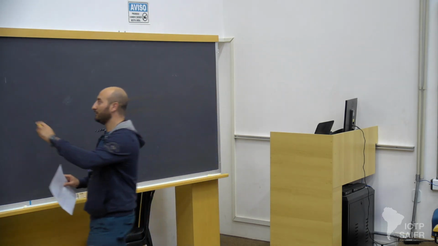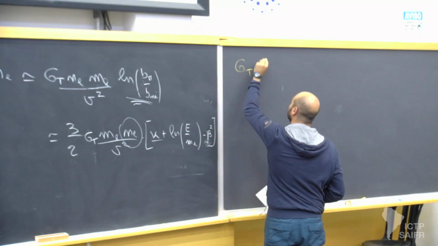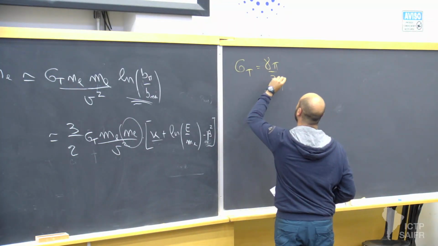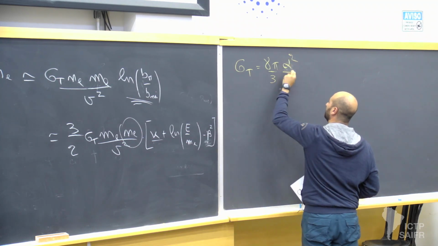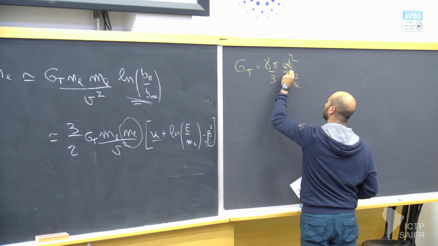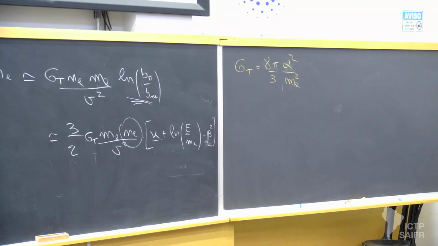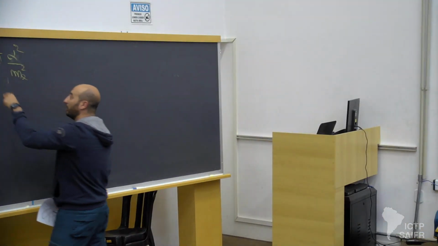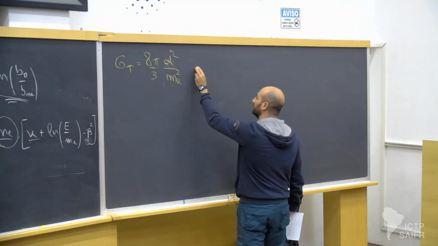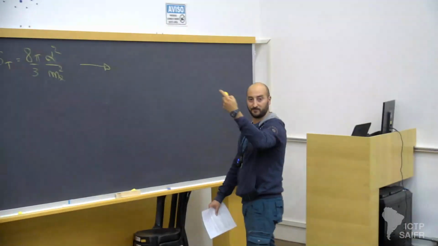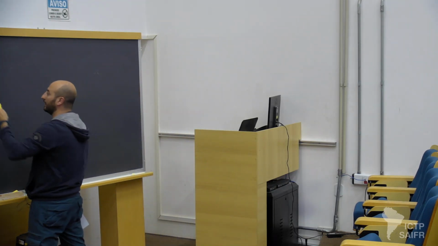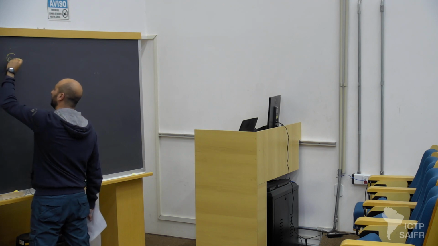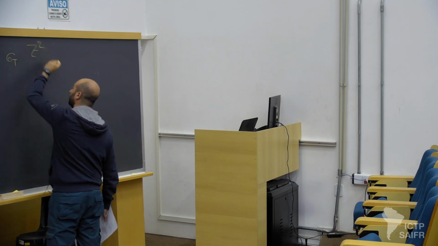So if you remember the sigma Thomson, this is 8 pi over 3 alpha. Let's write directly alpha square over me square. This was computed for the electron yesterday, if I didn't do any mistake in the numbers. But now for a nucleus, what happens? For a nucleus which has charge z times the electron one, of course there will be, with respect to sigma Thomson, a factor z square here.